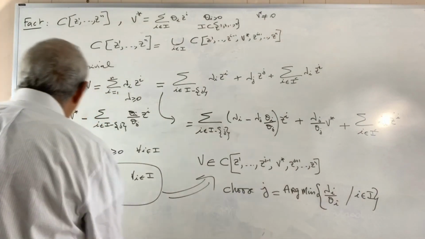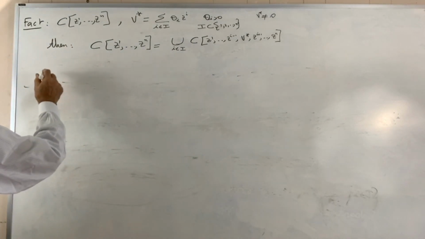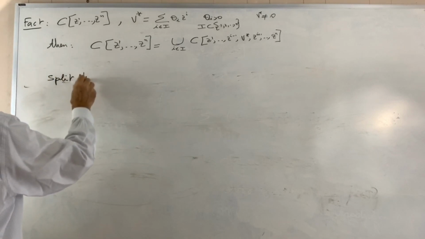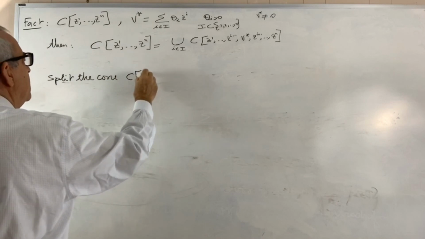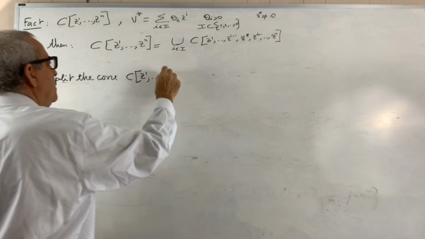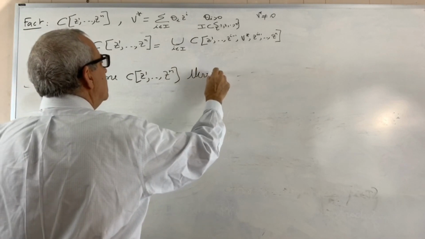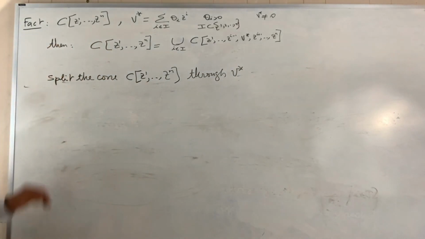Now we're going to define the expression that we're going to call splitting the cone C of Z1 through Zn through V star.